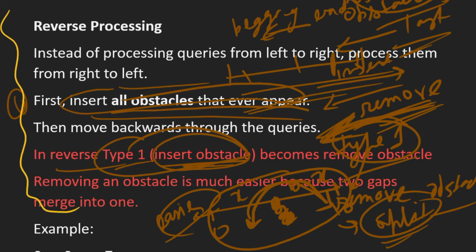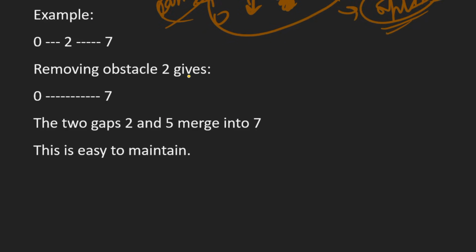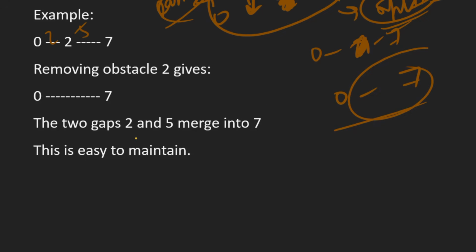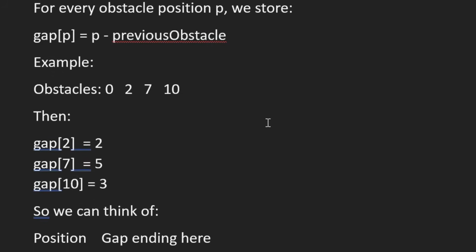That's why we are processing the queries in the reverse direction. I hope you get this point. Here an example is given. Suppose we have 0 to 7, and when we remove 2, we merge the two gaps, 2 and 5, into a gap of 7. That's easy to maintain, and that's why we are processing in the reverse direction.